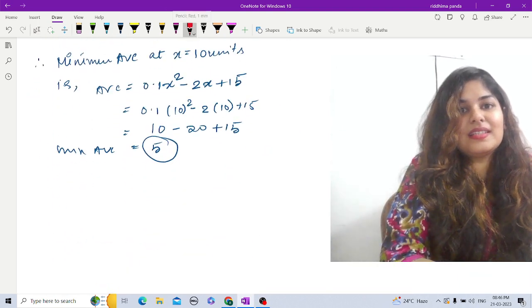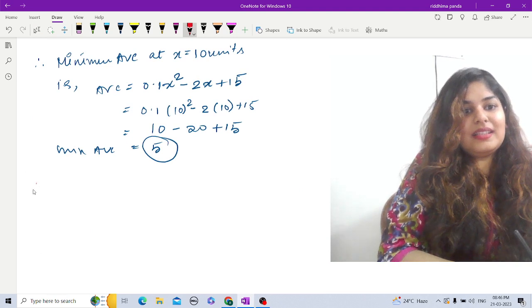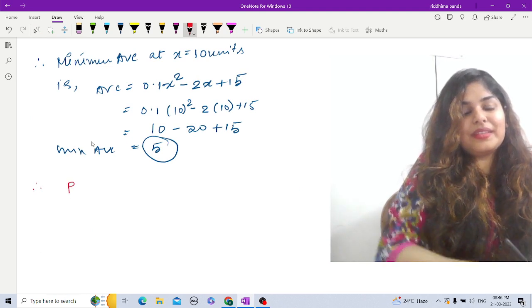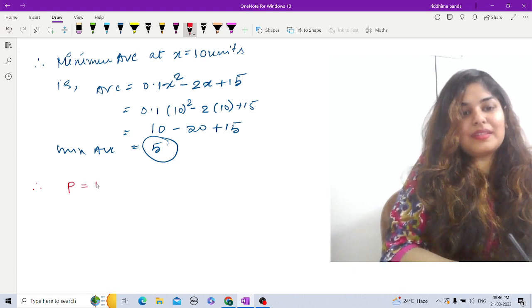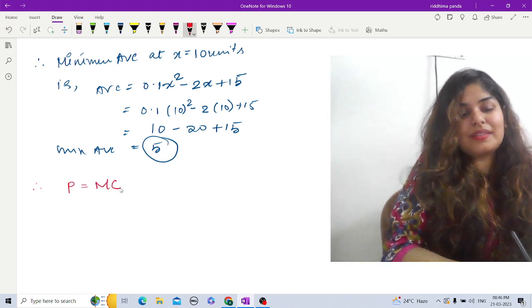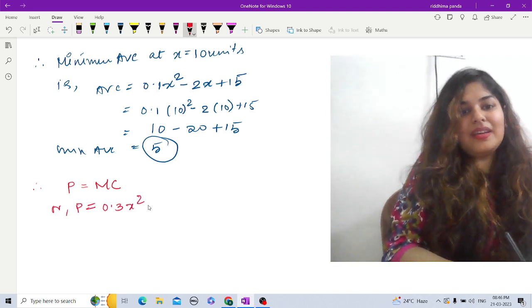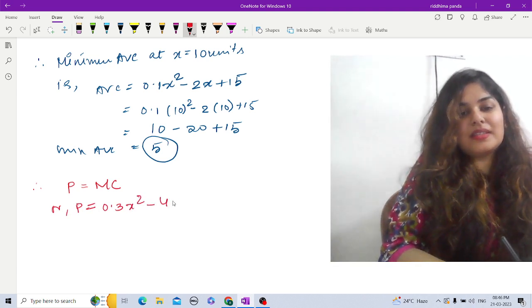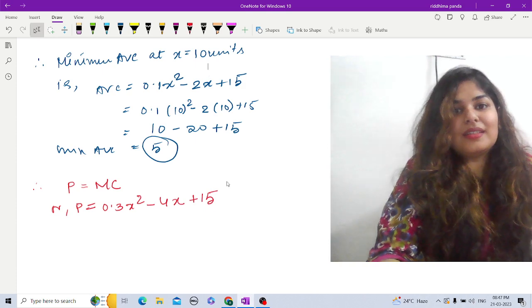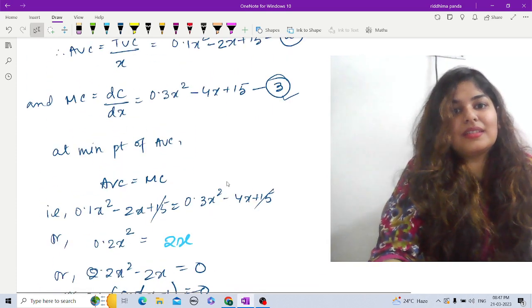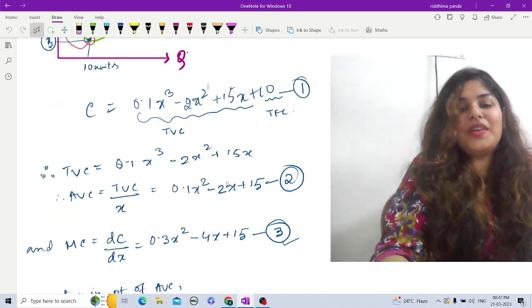Therefore, how much is the MC? 0.3x squared minus 4x plus 15. Right? Let's just check. 0.3x squared minus 4x plus 15.